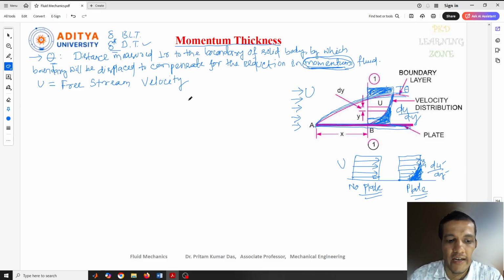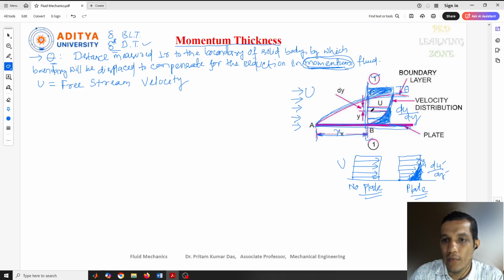So we need to consider a flow which is flowing over a plate. Okay, and let's consider a section 1. In this I have considered a section 1:1. This is section 1. This section 1:1 should be at a distance of x from the point A. Okay, and in this let's consider a small elemental strip.